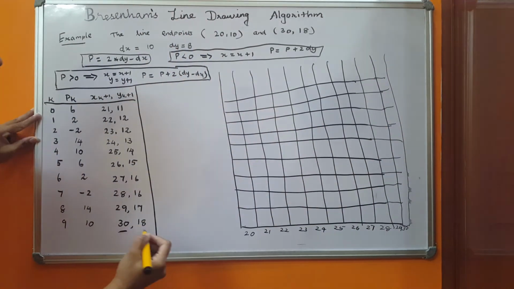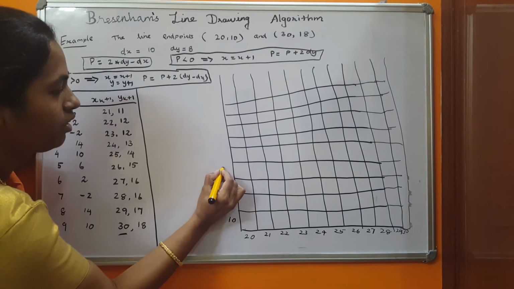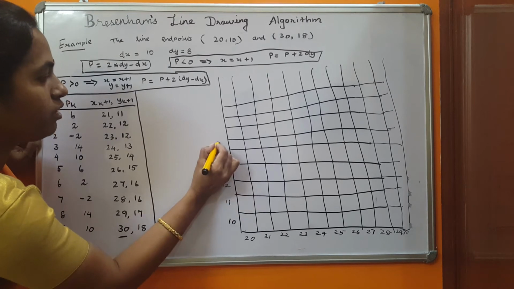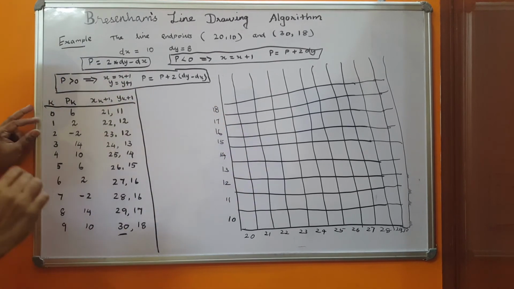Where y value is 10, 11, 12, 13, 14, 15, 16, 17, 18.